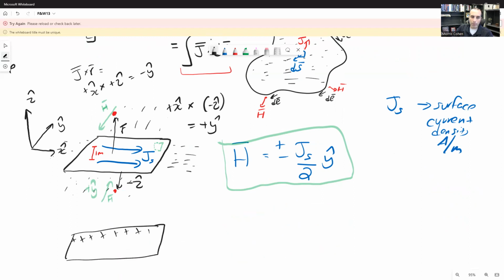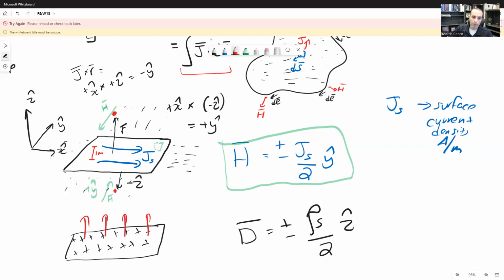charges like this, it turns out that the D field equaled plus or minus the surface charge divided by 2. And it would be in the Z direction, right? Because the field lines in this case were flowing away from all these positive charges.